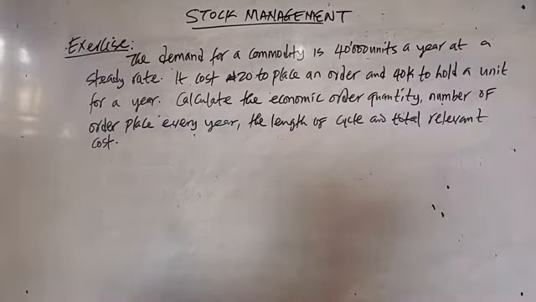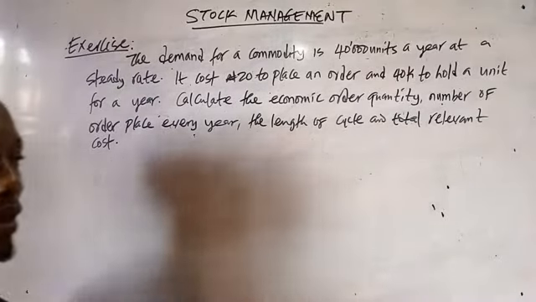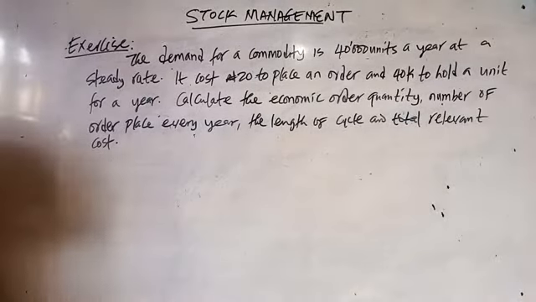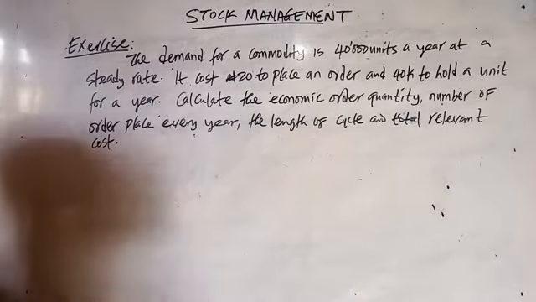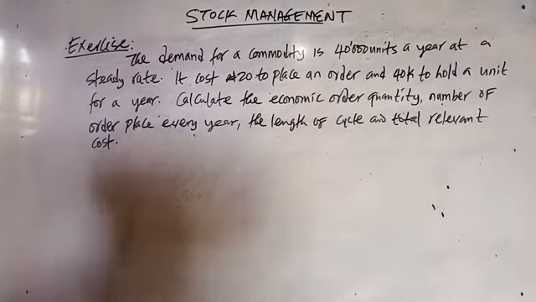Also examined was what I call the total relevant cost, which is total ordering cost plus total carrying cost. And we also examined EOQ, which is under the deterministic model.